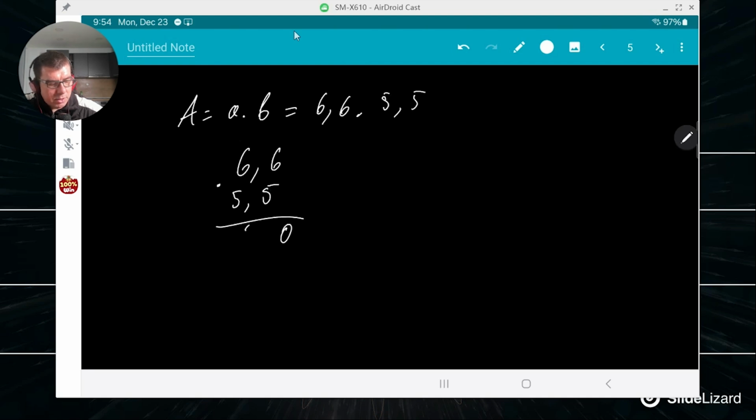Carry 3, so 33. And I have the same thing for the other digits. So 0, 3, 3. I sum 0, 3, 6, 3, and I add 2 digits after the decimal point, so it should be 36.3 centimeters squared. Okay.